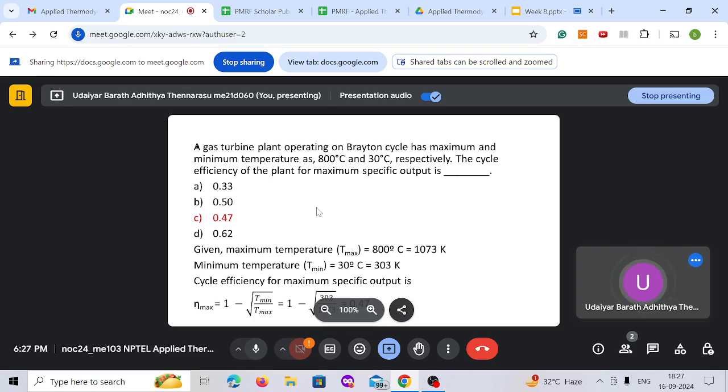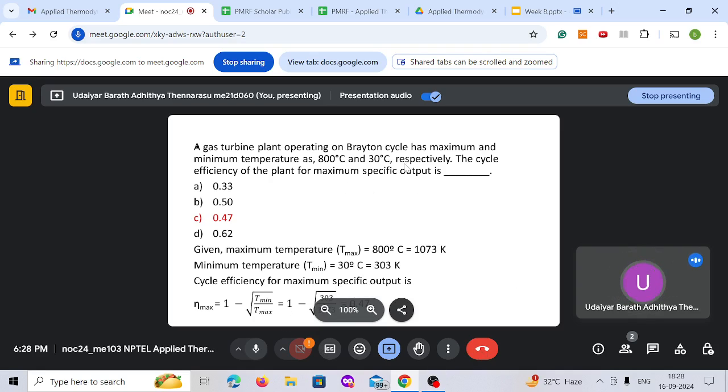That is RP optimum, and for these conditions your efficiency is 1 minus 1 by RP raised to power gamma minus 1 by gamma. So when you substitute RP optimum in this formula, it reduces to 1 minus root of T min by T max. Substituting the minimum and maximum temperature given, you have to substitute in terms of Kelvin.